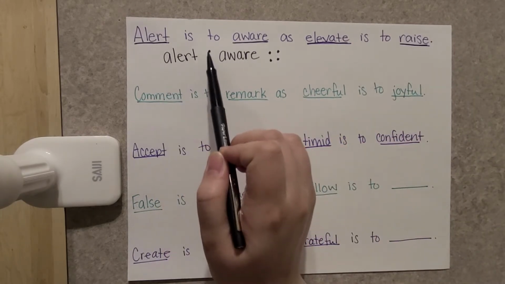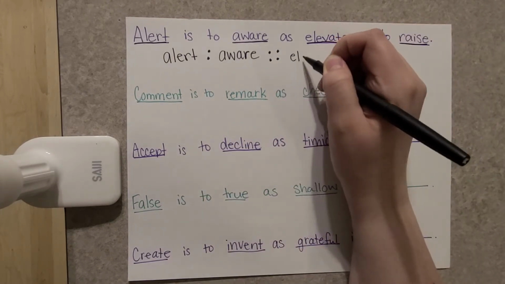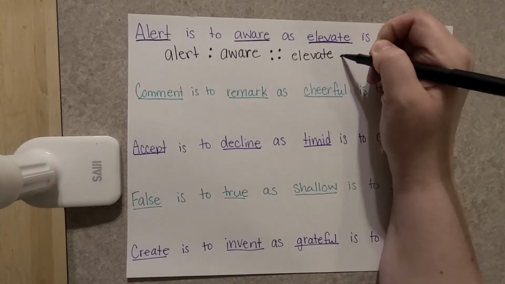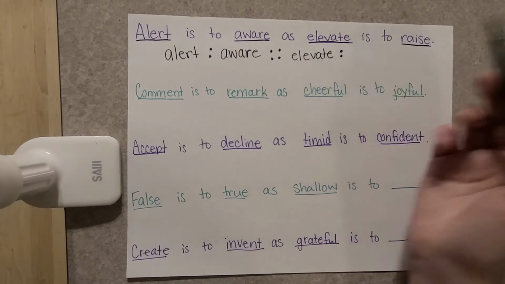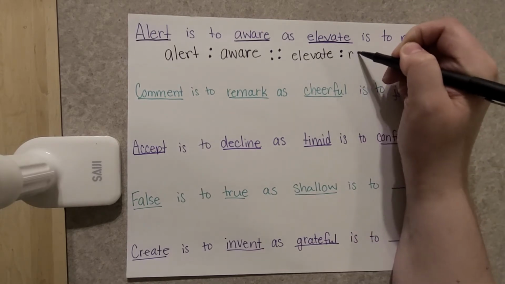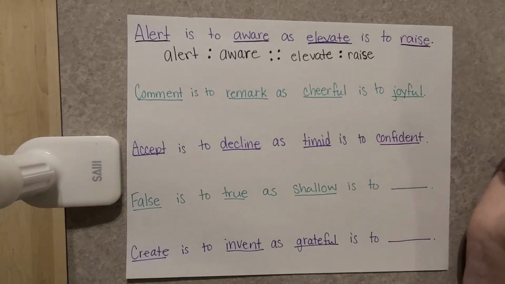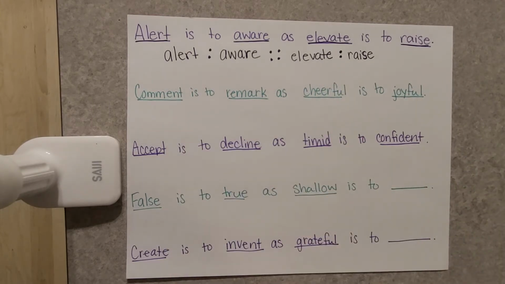So we have the is to here, this is for as, and then we would write elevate with another single colon to show this is to raise. So that is what a formal analogy would look like. And when you get to your assessment later on, this week or next week, you will see this on your assessment. So that's why we're also practicing it in the lesson.